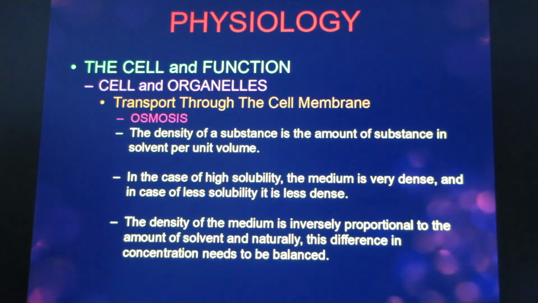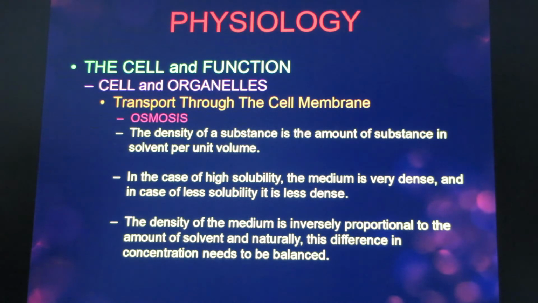The other way of transportation through the cell membrane is called osmosis, and I am sure that you are very familiar with this word, with this transport method from your high school knowledge. The density of a substance is the amount of substance in solvent per unit volume.